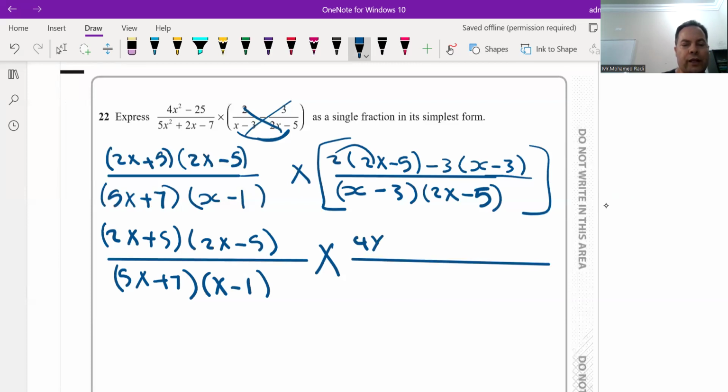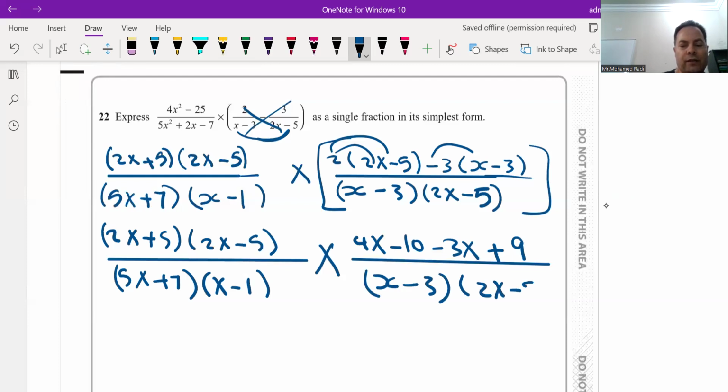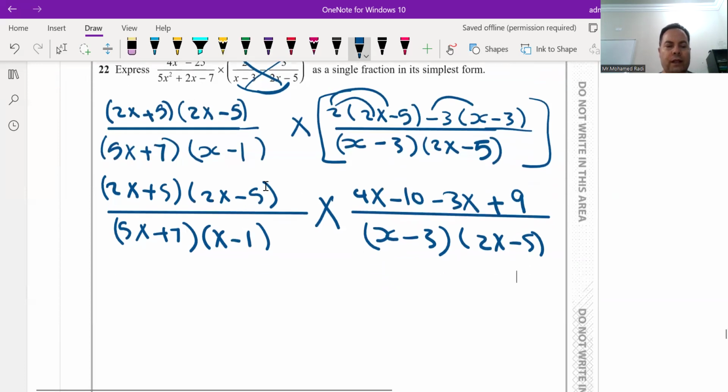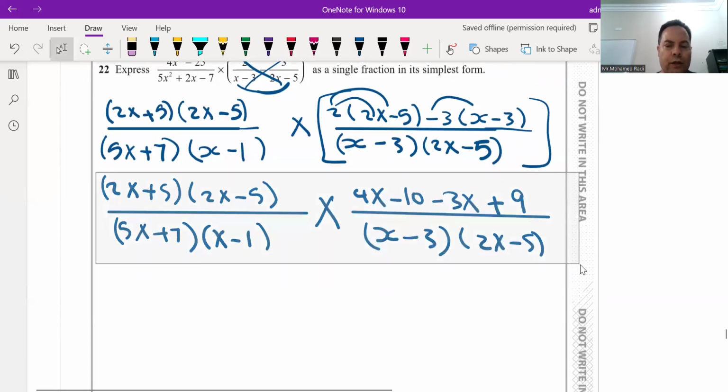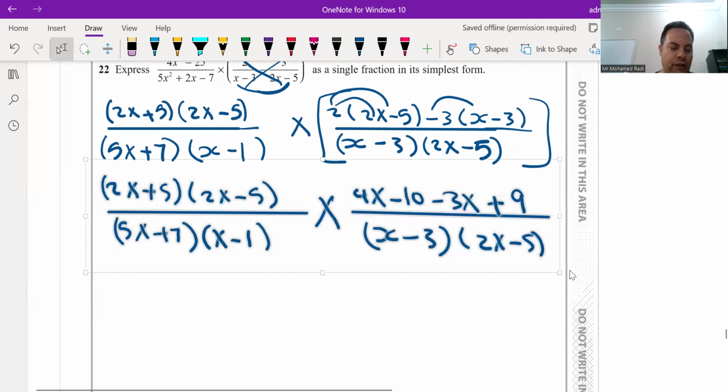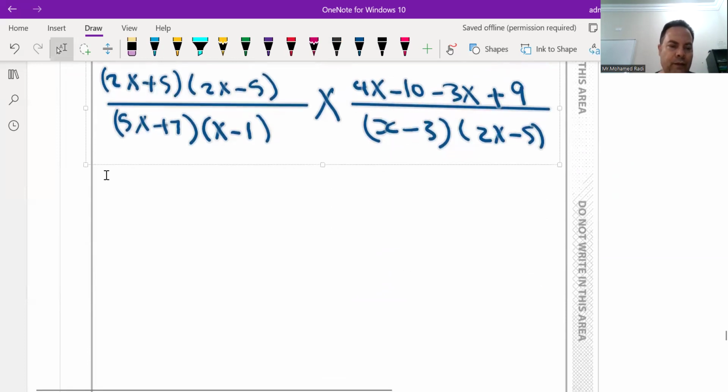Expand: it will be 4x, 2 by 5 is 10, minus 3x, negative negative positive 9, divided by (x minus 3) multiplied by (2x minus 5). Still, you can simplify more, especially the numerator of the second part. So I will repeat it again.